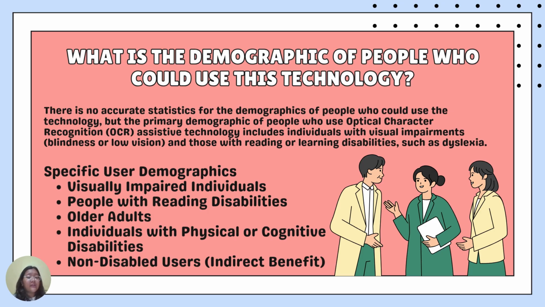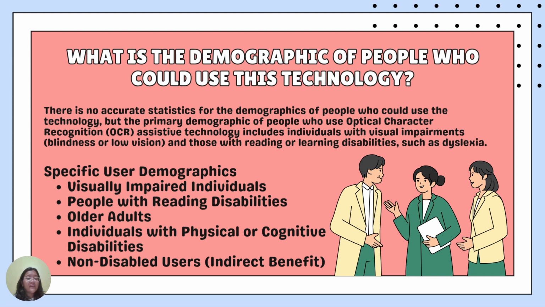And so, the demographic of people who could use this technology. There are no accurate statistics for the demographics of people who could use this, but the primary demographic of people who use OCR assistive technology includes individuals with visual impairments and those with reading or learning disabilities.